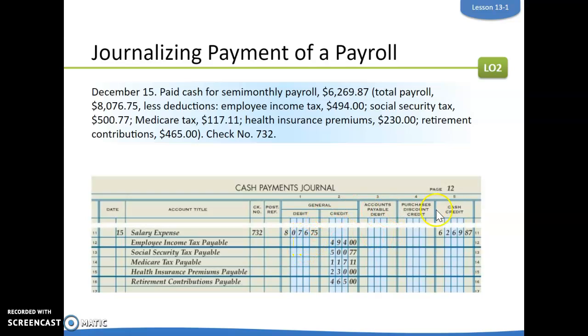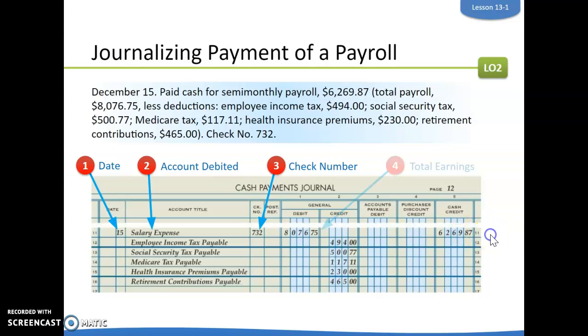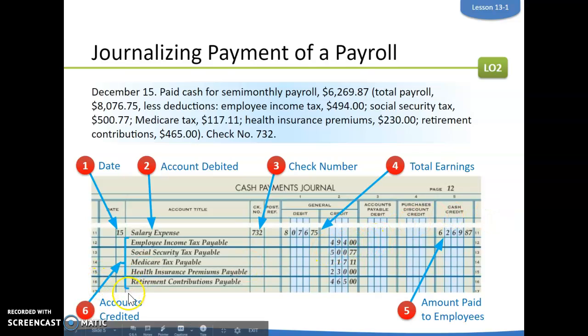Okay, I'm going to put my cash credit over here once it comes over. So the cash amount, which was my net pay, okay, so this semi-monthly $6,269.87, and then I'm going to record all of the accounts that are credited and do it in order of what it looks like on the other sheet we just looked at.